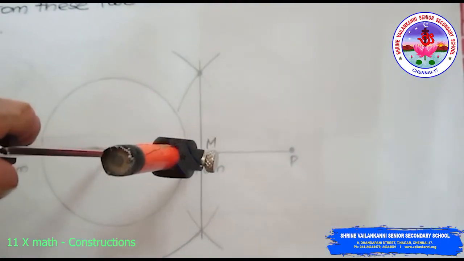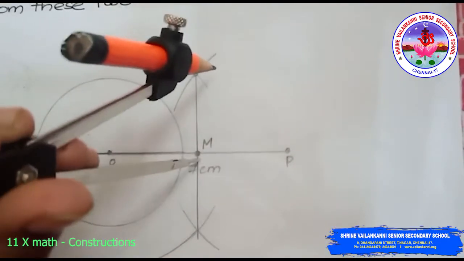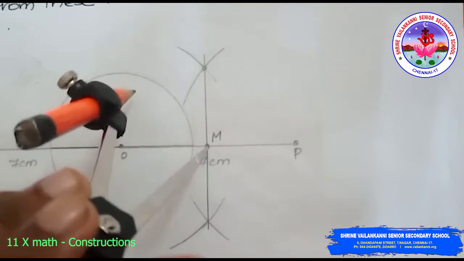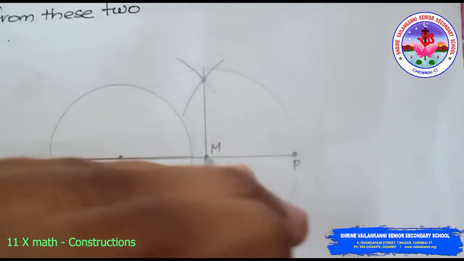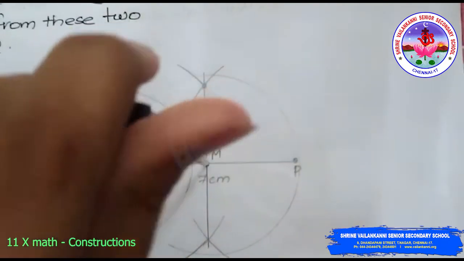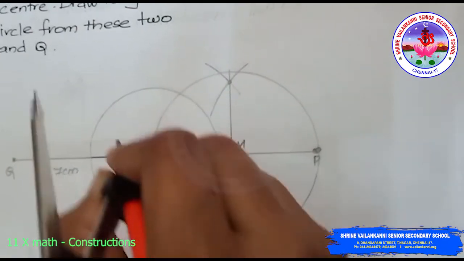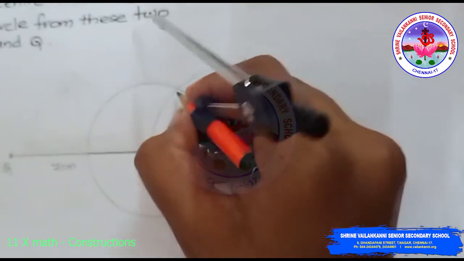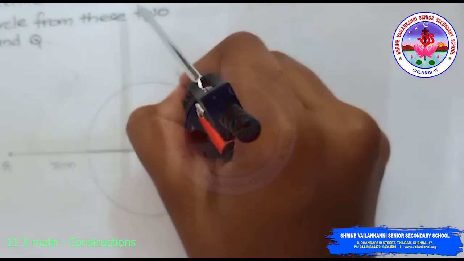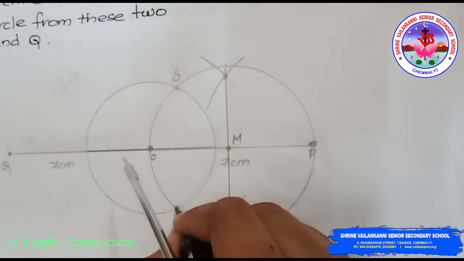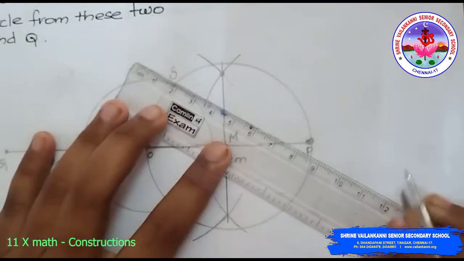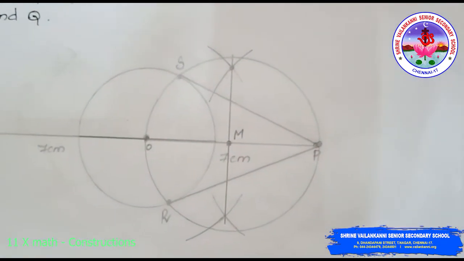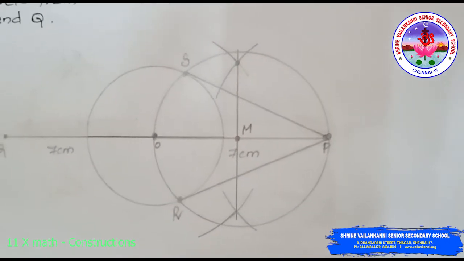Keeping the compass needle at M, I am going to draw a circle now, where the circle touches the point P and the center of the circle, and touches the smaller circle at the points S and R. Join PS and PR. So I have drawn two tangents from an external point P.